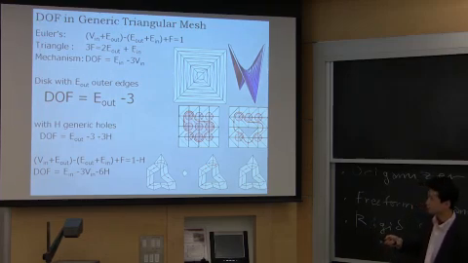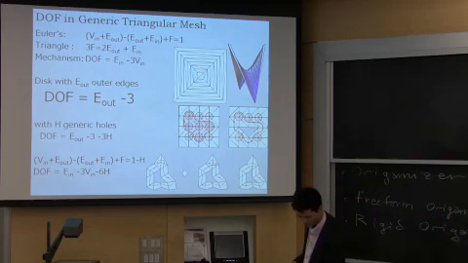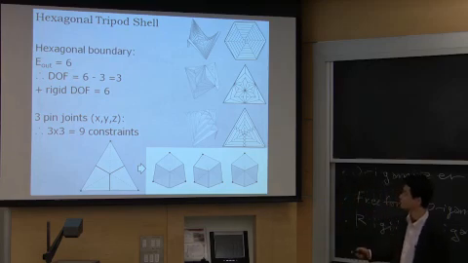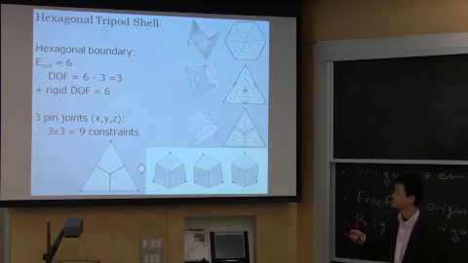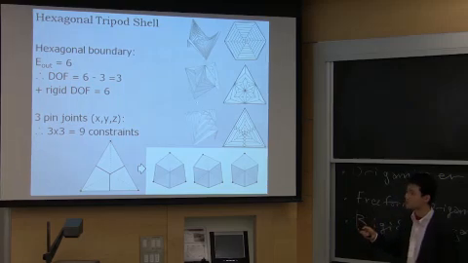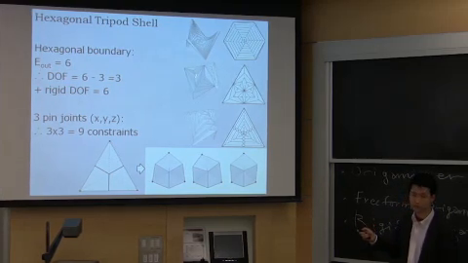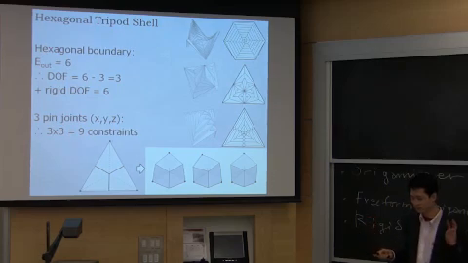And we can generalize it to cases where there are holes also. And with this idea, you can make a hexagonal tripod shell, which has a hexagonal boundary of 6 edges, so that the degree of freedom is 3.